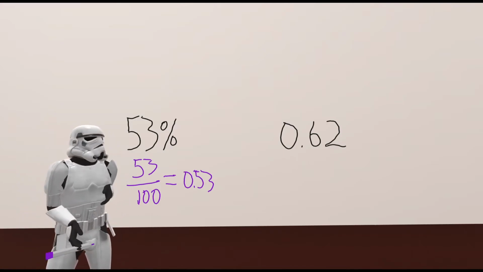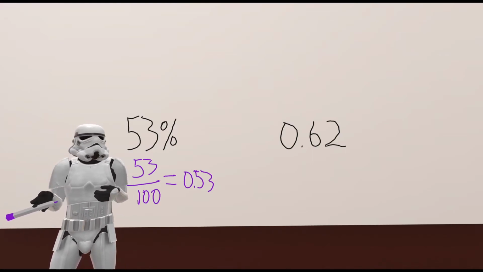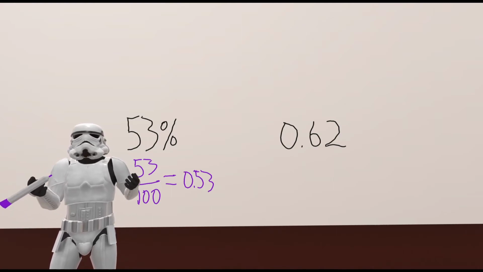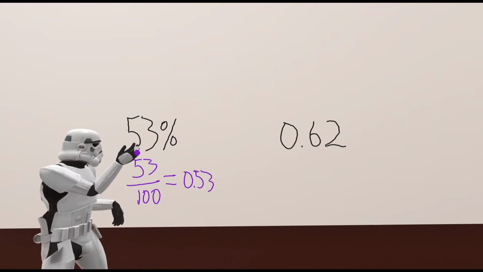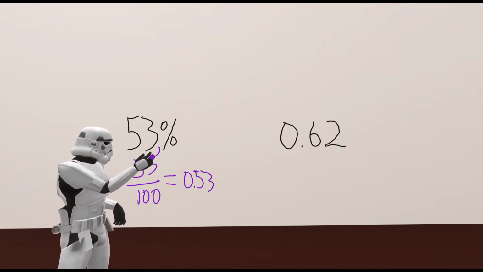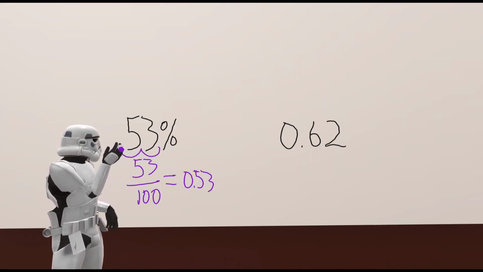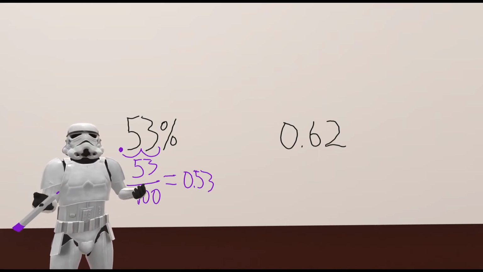We have 53%, and then we divide it by 100. And what we can do is essentially move the decimal place 2 spots across. So if we have a 53, that will be the same as 1, 2. That would be the same as 0.53.